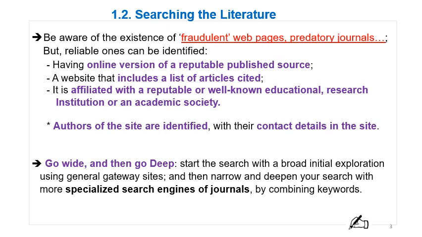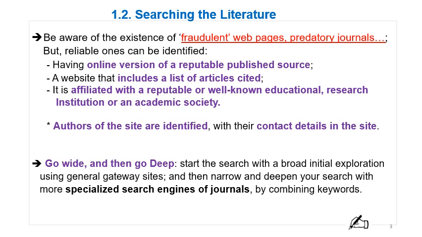We need also to check whether the journal or the web page is affiliated with a reputable or well-known educational research institution or an academic society. If the journal or the website does not provide this kind of information, affiliated academic society, university, etc., we can doubt them.